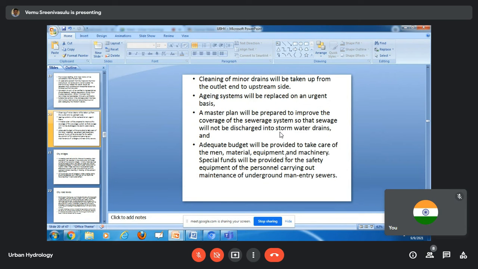Adequate budget will be provided to take care of the men, material, equipment and machinery. Special funds will be provided for the safety equipment of the personnel carrying out maintenance of underground man-entry sewers.